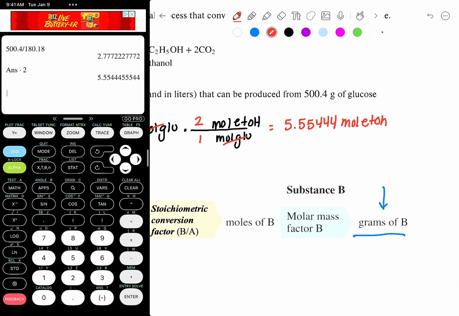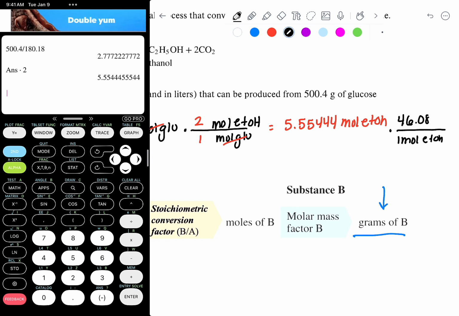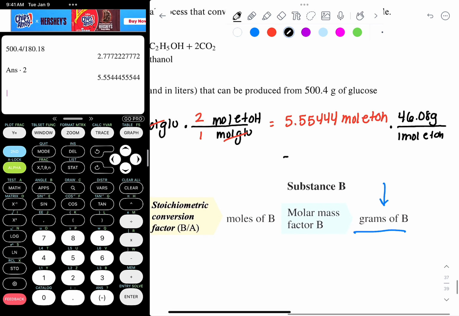So once we have moles of ethanol, we can use its molar mass to convert. So we have 1 mole of ethanol has a molar mass of 46.08 grams. So we'll multiply that by 46.08.